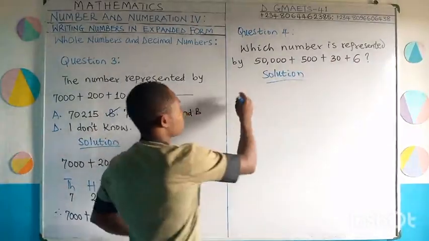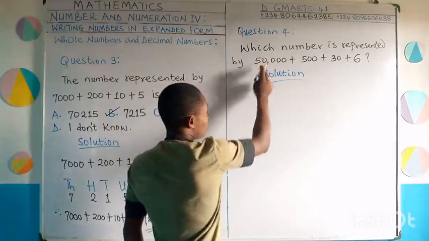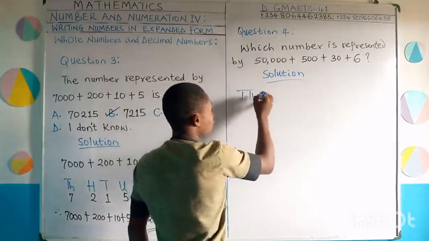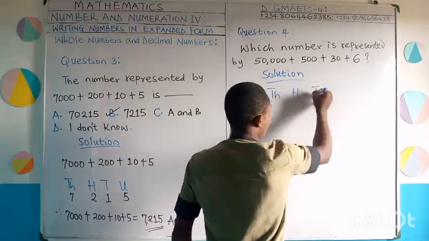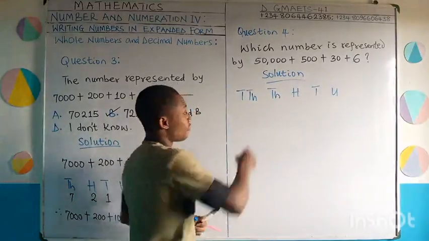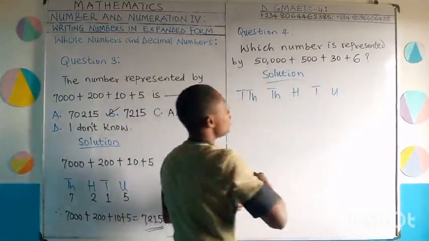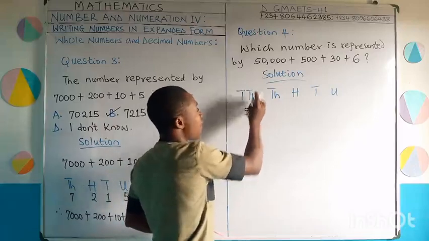Like I said, the best thing is to go by your place values. This is in tens of thousands, so I'll write TH, take it down to units: TH, thousands, hundreds, tens and units. Then looking at this, I'll start extracting the first digit of these numbers. 50,000 should come under tens of thousands. I will pick 5.